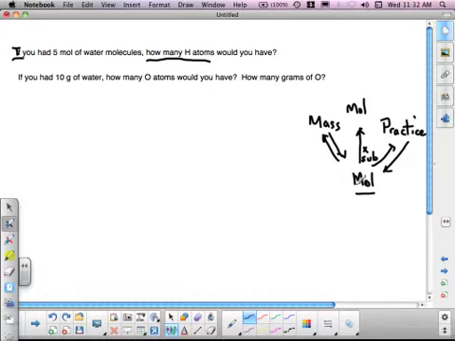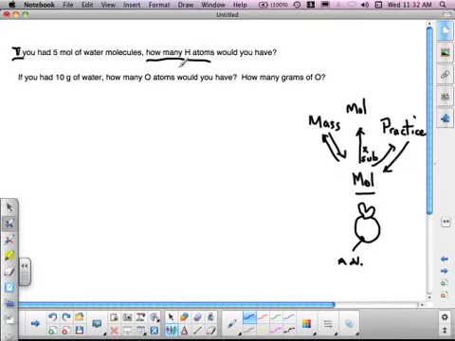I always think of the mole as like a bag, because I used to have a chem book that showed the mole like a bag. And in that bag is Avogadro's number. So anytime you want to know how many particles there are and you're in moles, either here or here, you're multiplying by Avogadro's number because you're like opening the bag.